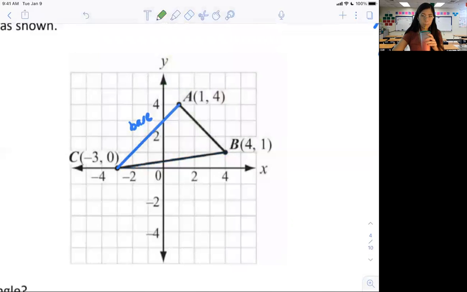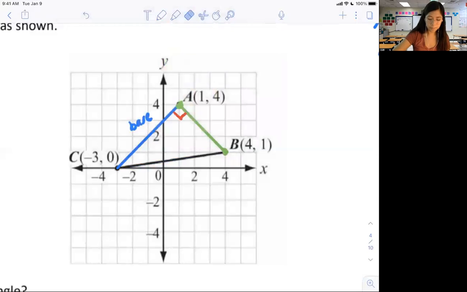Let's just look. What would be the height? AB, because what type of angle do you have there already? Well, 90 degrees, it looks like, right? Now we can check. We can always check.